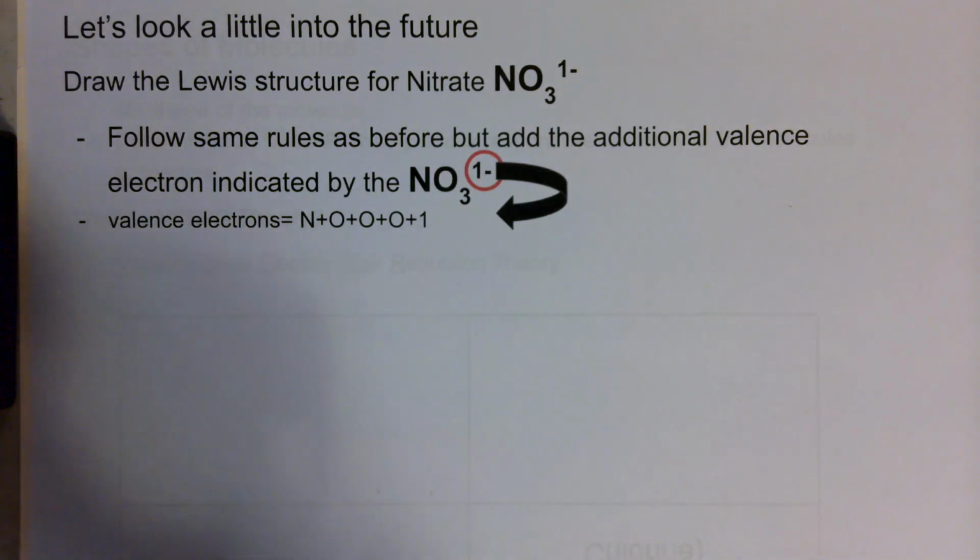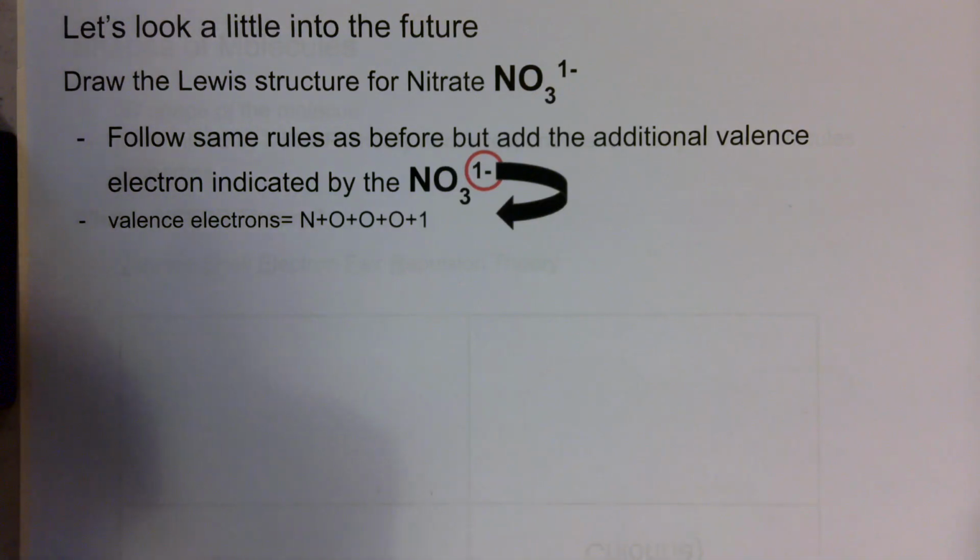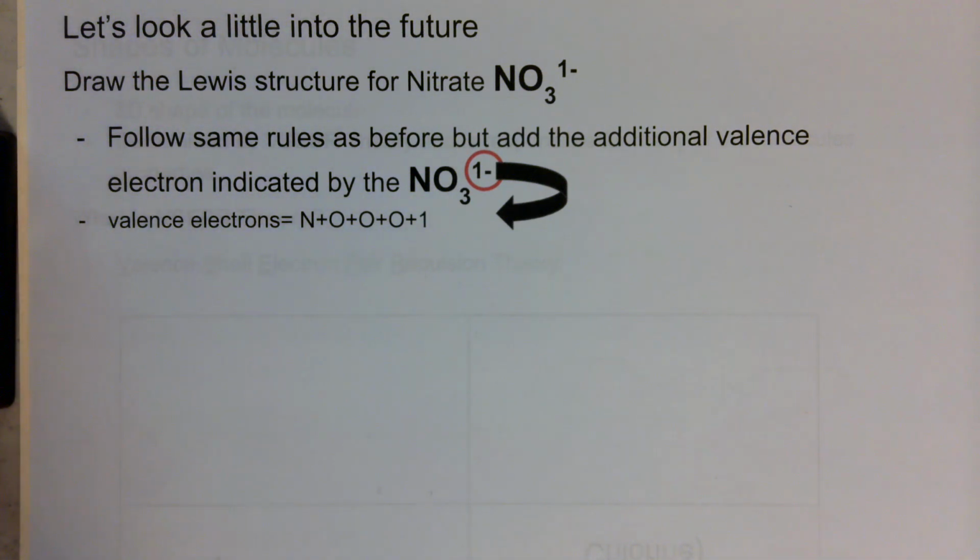You're going to be given a list of around 10, I believe it's 10, polyatomic compounds that you are going to be responsible for knowing, especially when we get into Unit 5. So in the lab that we're going to be doing a little bit later on day 2 or day 3, I'm going to give you a chart of all the polyatomic atoms that you're going to be responsible for, and you're going to want to try to put that to memorization.